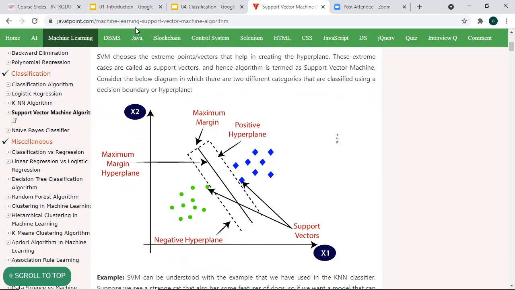Okay, for example, let me explain to you. So support vector machine, actually the agenda behind the support vector machine, how it is. Just one minute. Vivek, are you there?